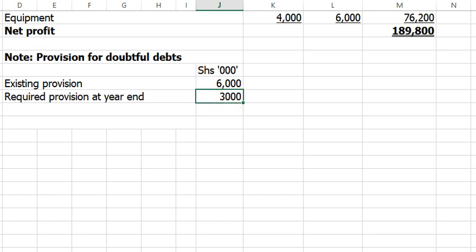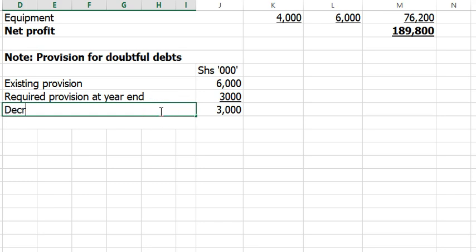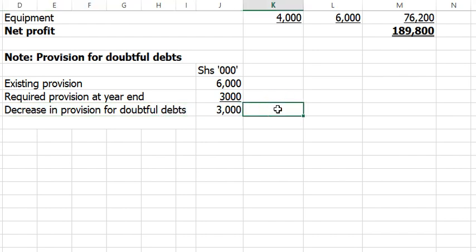So there is a decrease. The existing is 6,000, but what is required at the end of the year is 3,000. So you have a decrease in provision for the doubtful debts, and this is other incomes.